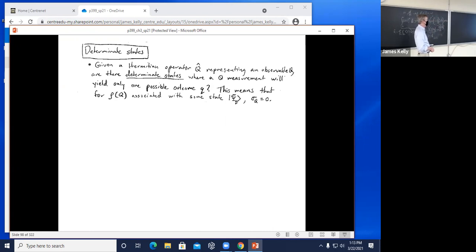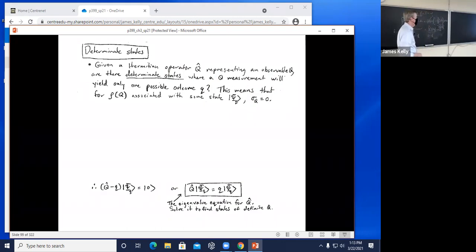And if you try to measure the energy, you're not going to get any other outcomes. So for any given operator, can we find states such that if the particle is in that state, the uncertainty or standard deviation associated with that probability density function is 0? In other words, there's 0 probability of measuring a different value. And the answer is yes.